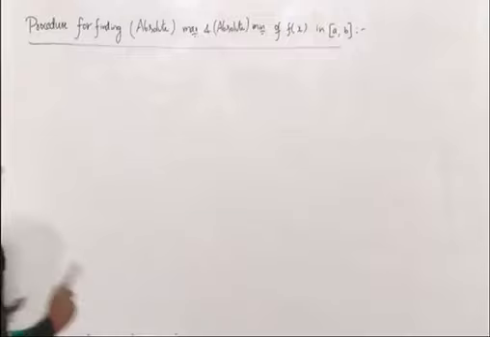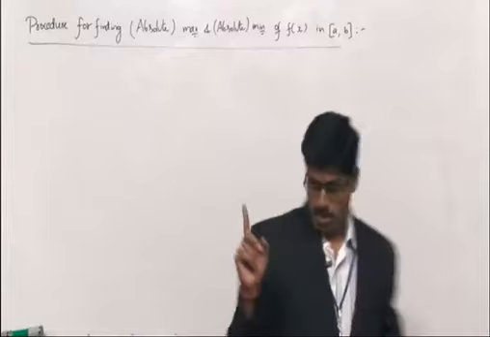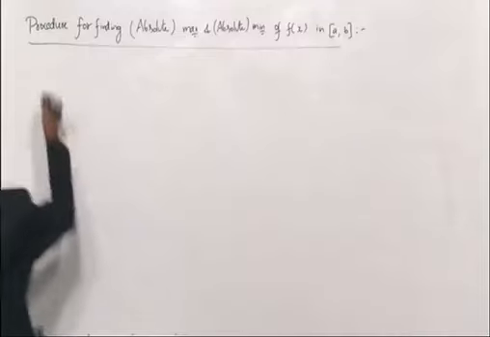Whenever a closed interval is given, then the maximum and minimum indicate absolute maximum and absolute minimum.